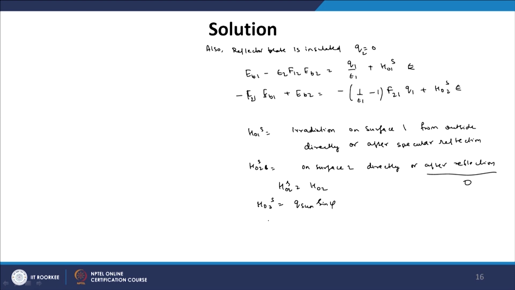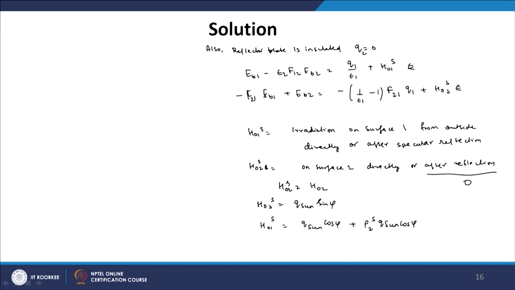Okay. So, we define H naught 1 s as direct component. This is the direct irradiation of collector plate from the sun, and then the reflected part rho 2 s Q sun cos psi. Okay.